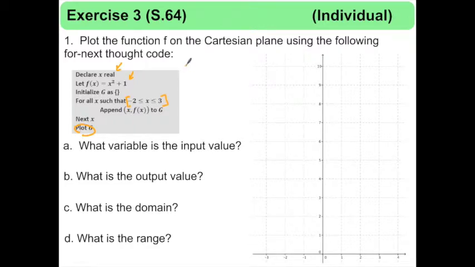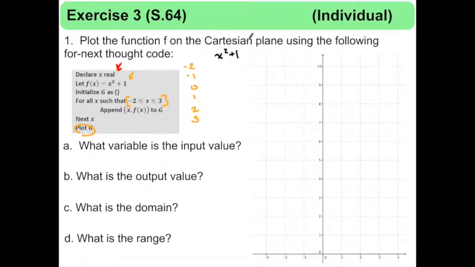So the numbers again that we're using is -2, -1, 0, 1, 2, and 3, but we want to emphasize that this is a real. That means we're going to connect the dots or have a function that goes all the way through to include all the potential points that are in there. So our function is x squared plus 1.